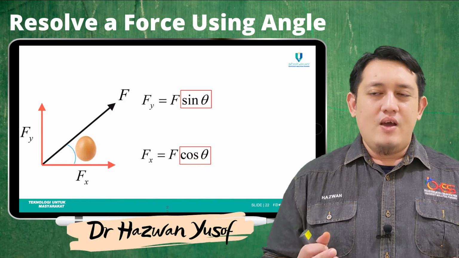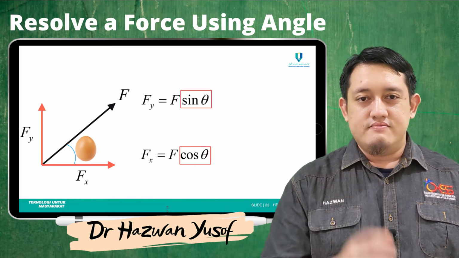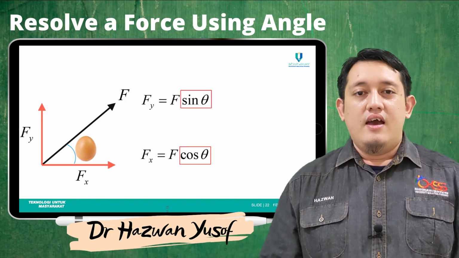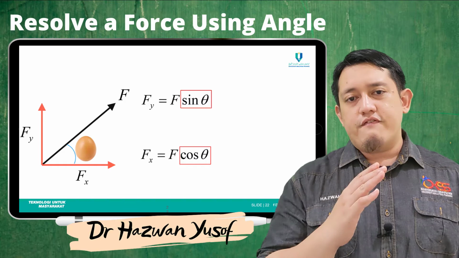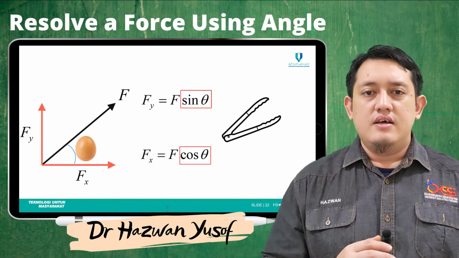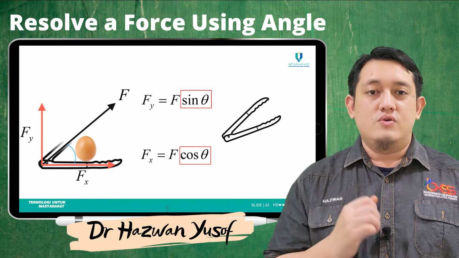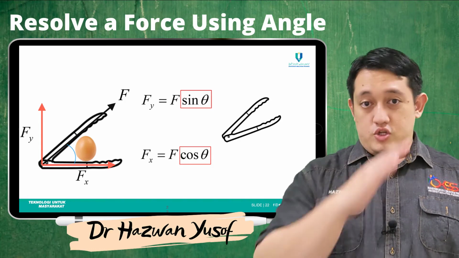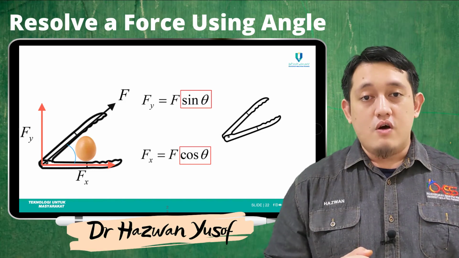Let's say we change our angle here into an egg, and let's imagine that our force F and also Fx here are a pair of tongs, a food tong. So we have F and also Fx as the food tong.